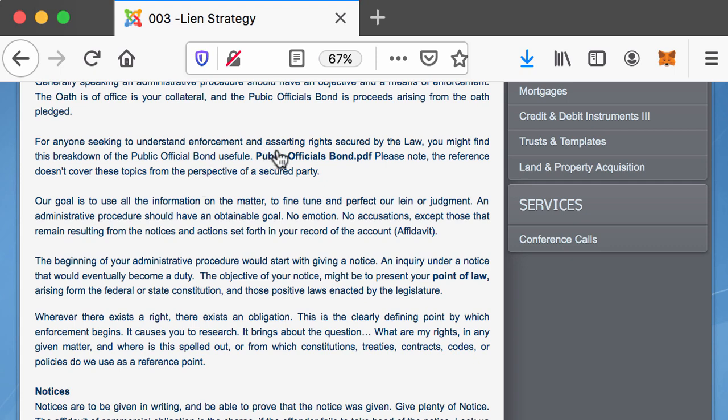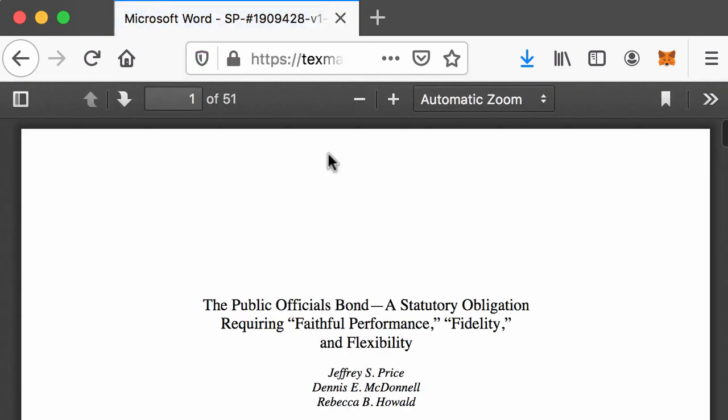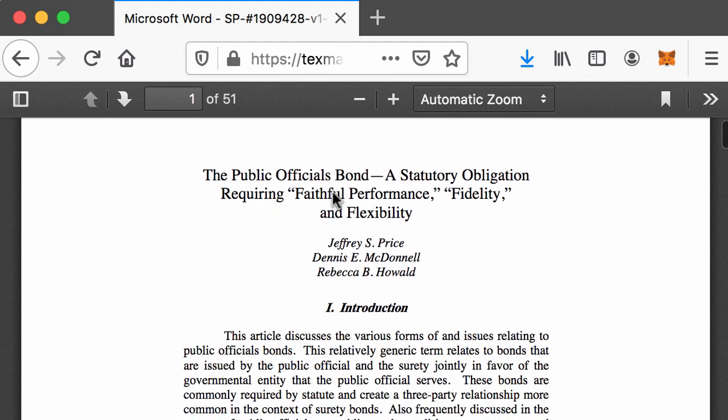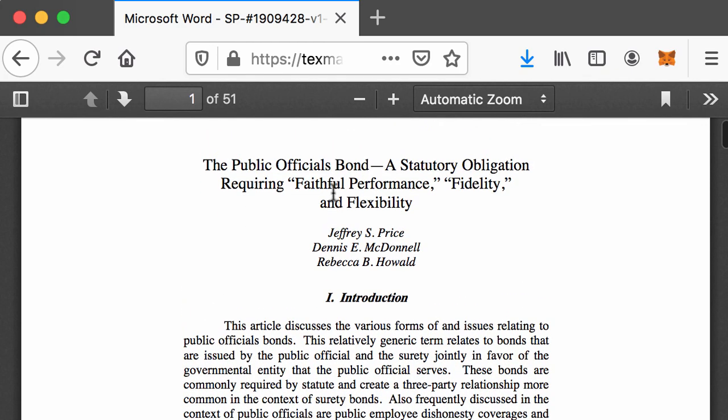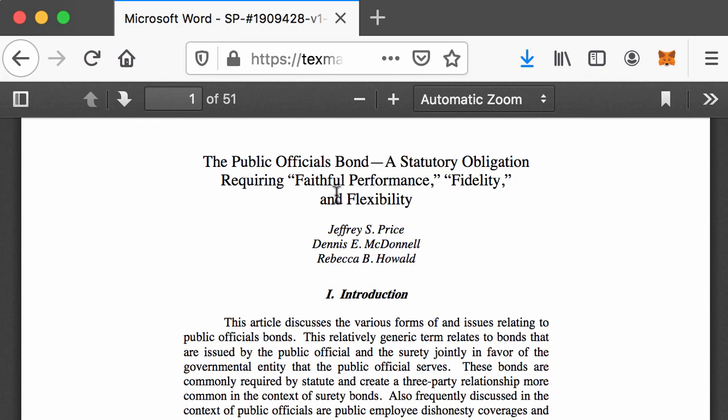Now also there's a link right here. You'll see this emboldened on the screen right here. I highly encourage you to take the time, because remember, as I was saying, patience and diligence is important. If you really want to understand further how this stuff is connected and to potentially be able to enforce and protect yourself, then you want to be very familiar with how the public officials bonds work.